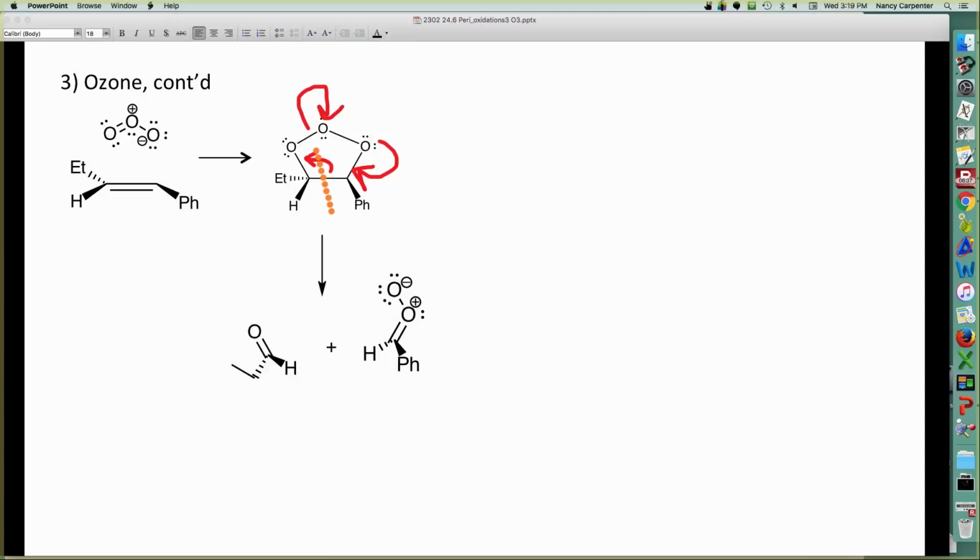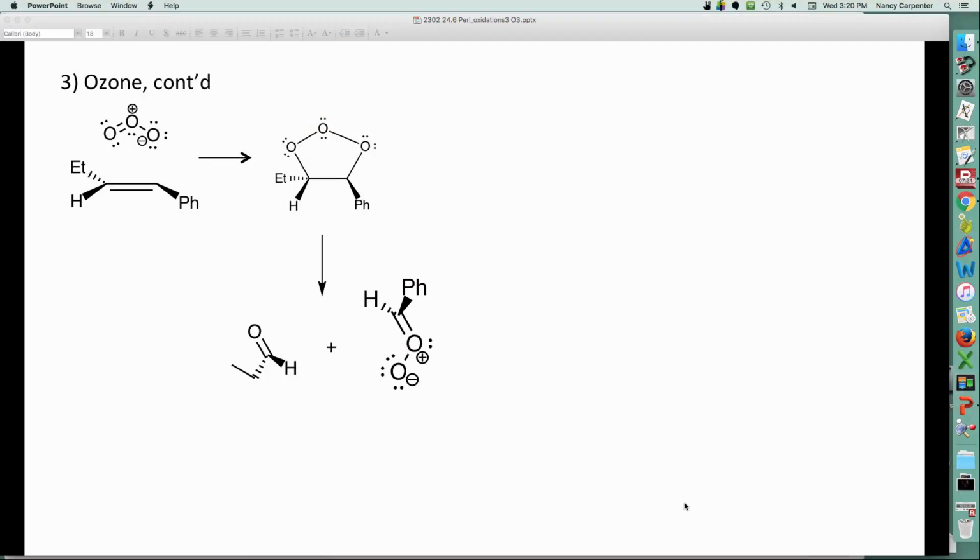And what happens next, and basically you do not need to memorize this mechanism. This one's really not predictable, I'd say, but you should recognize all the electron movement arrows as somewhat sensible. So I'm going to take that funky thing on the right in the green box, and basically I just flip it upside down.